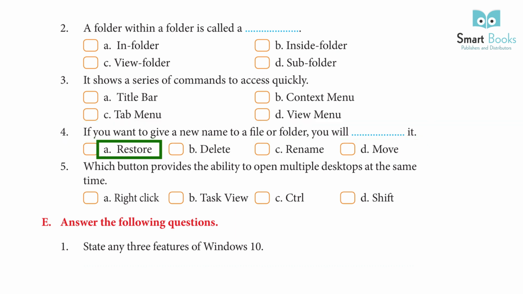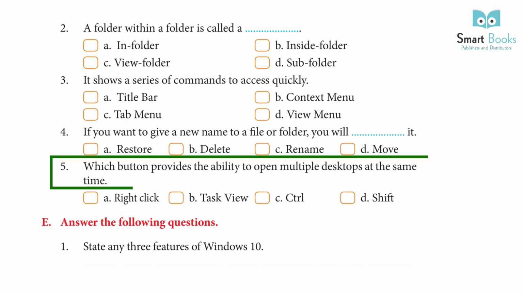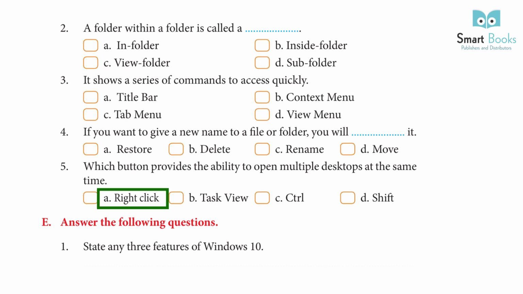A. Restore. B. Delete. C. Rename. D. Move. Answer: C. Rename. 5. Which button provides the ability to open multiple desktops at the same time? A. Right click. B. Task view. C. Control. D. Shift. Answer: B.